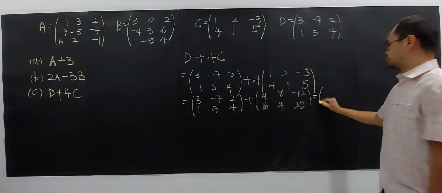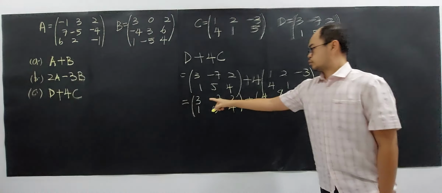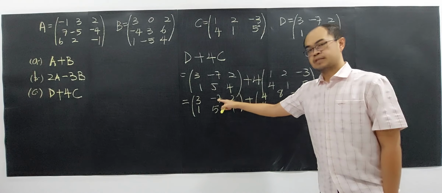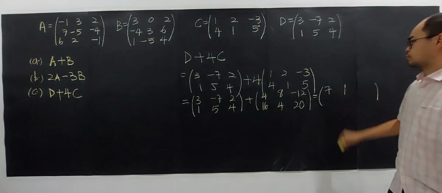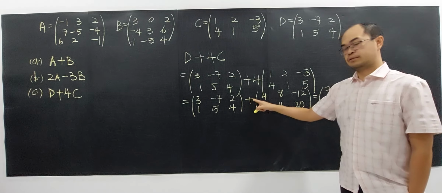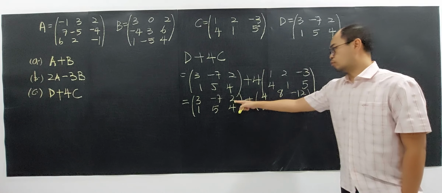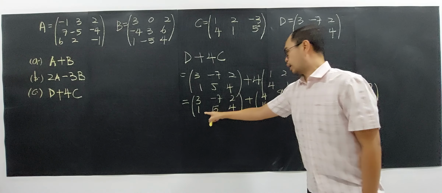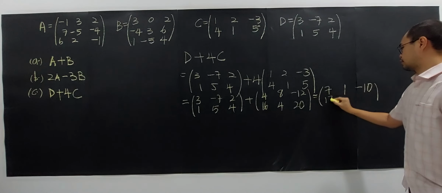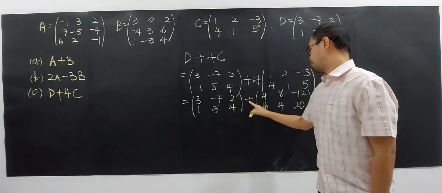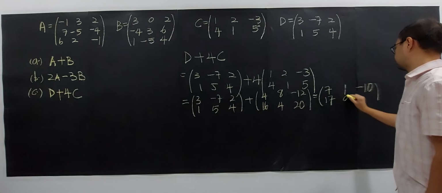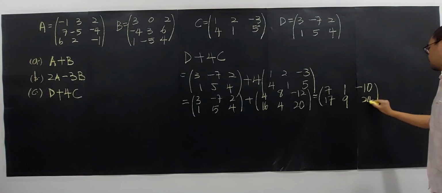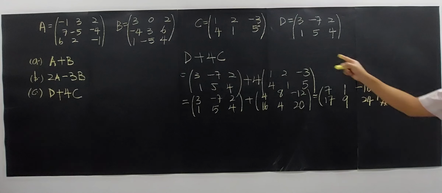Let's add up. 3 plus 4, you have 7. -7 plus 8, you have positive 1. 2 minus 12 is -10. 1 plus 16, you have 17. 5 plus 4, you have 9. 4 plus 20, you have 24. So this will be the solution for this.